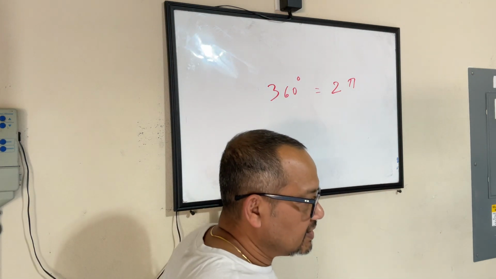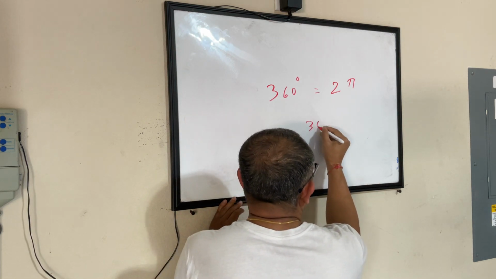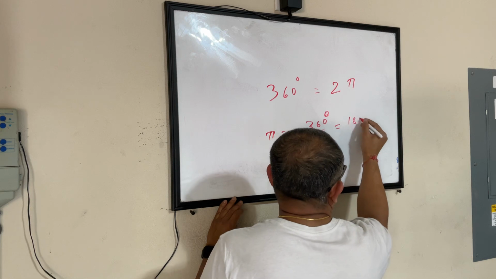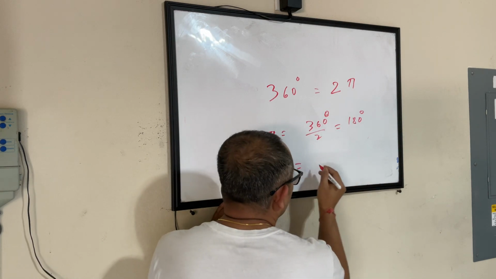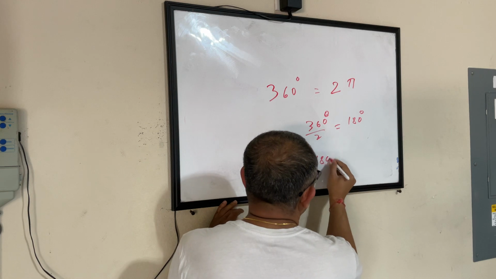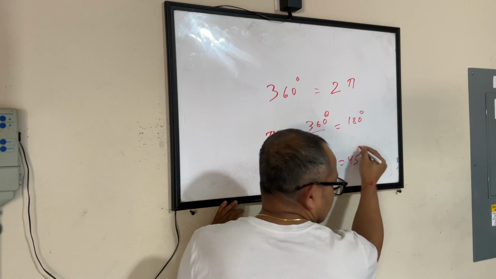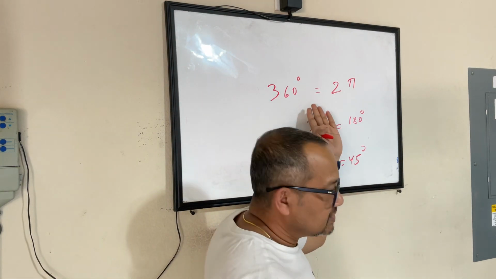That's it. Now, if somebody says pi radian, 360 by 2, 180 degrees. If somebody says pi by 4 radian, pi by 4 is what? 180 by 4, 45 degrees. So you can interchangeably relate to them just by knowing this.